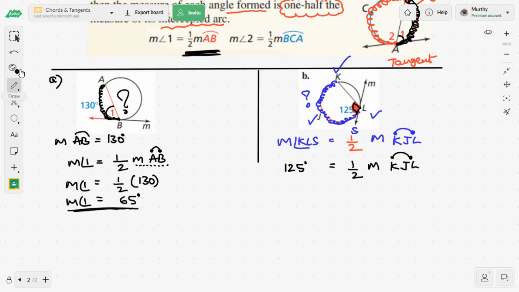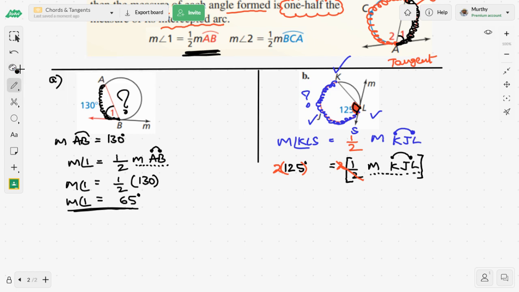Now, if you want to isolate measure of KJL, you have to eliminate this fraction. You know that 2 is dividing here, so take times 2 on both sides, then the 2 and the denominator 2 get cancelled.